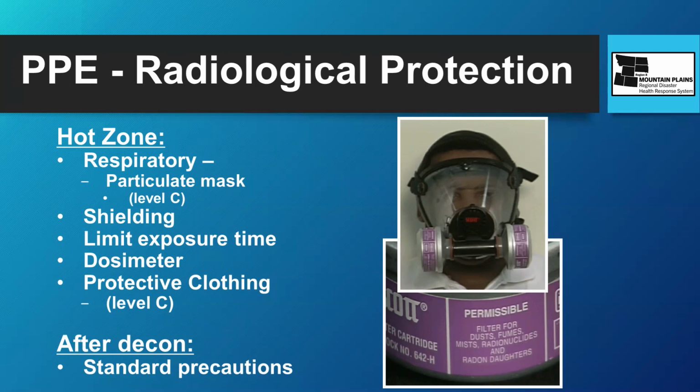Ideally, you would have a dosimeter to measure the degree of exposure, and then protective clothing so that, again, any particulates are deposited on the clothing and not on you. Once the area has been deconned and you have been deconned, standard precautions suffice.